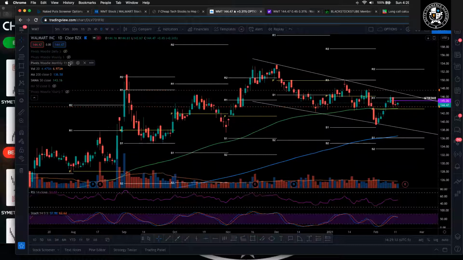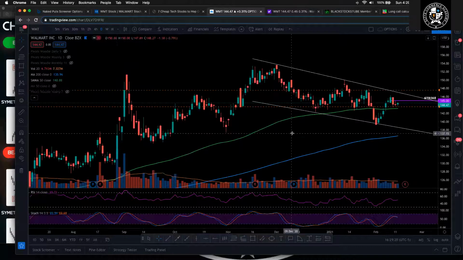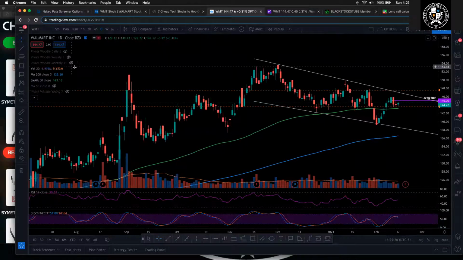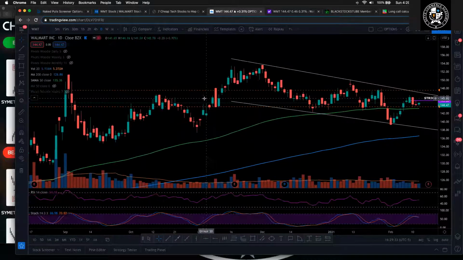Just keep in mind when you're dealing with these time frames, you want to make sure your contract makes sense. So let's say your expiration date is a whole month out, then you want to look at the monthly pivots. If your expiration date is a week away from now, then you want to look at the weekly pivots.